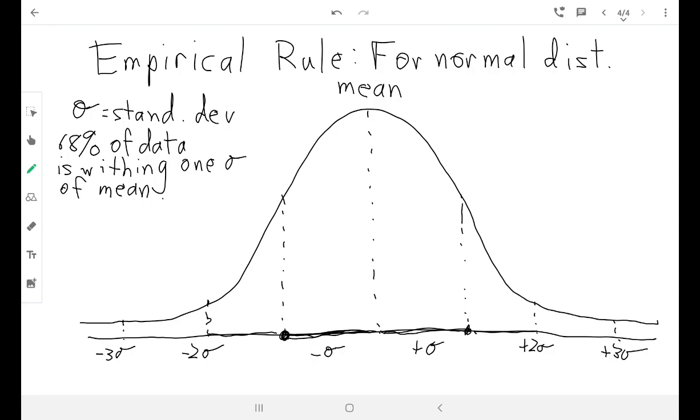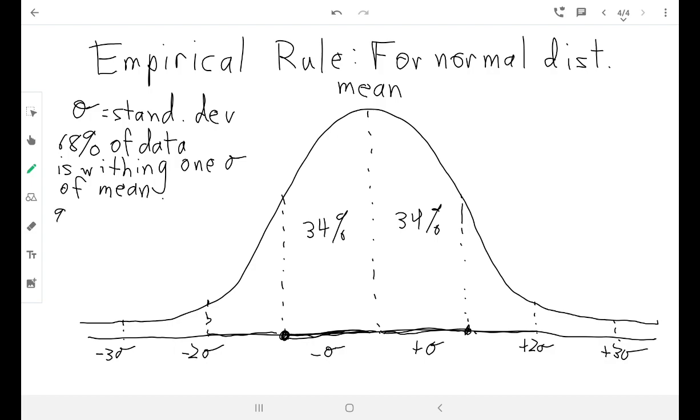So that means from here to here, everything in there, all of this is 68% of the data. Which means if we wanted to split this up amidst the 2, we'd be talking 34% here and 34% there. Okay? And then you have a breakdown of percentages that are within that distance.